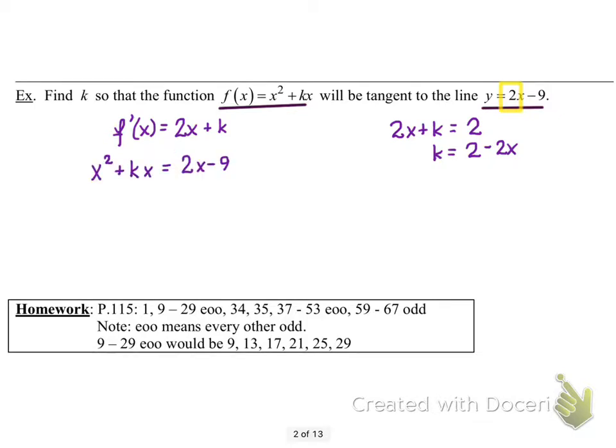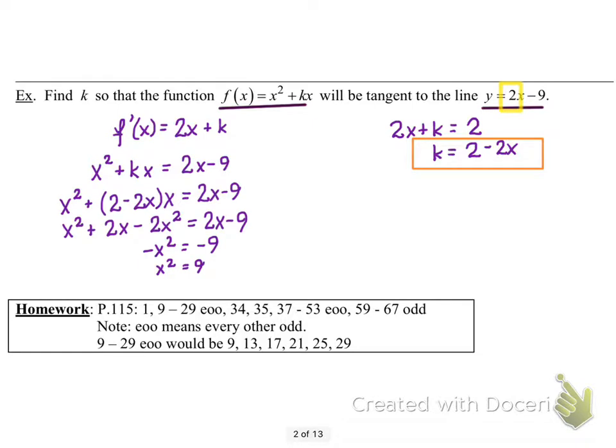Once we set those two functions equal to each other, we are going to replace k with its value. And k's value is 2 minus 2x. Go ahead and solve for x.